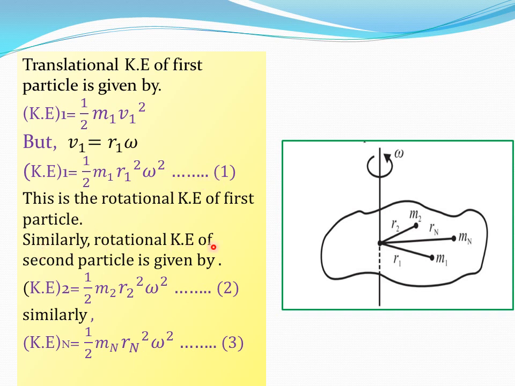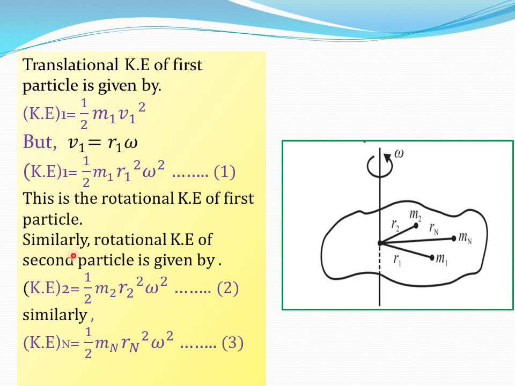Similarly, the rotational kinetic energy of the second particle is given by: kinetic energy of the second particle equals 1 upon 2 m2 r2 square omega square, where m1 is replaced by m2, r1 square by r2 square, and omega square is as it is. This is equation number 2.